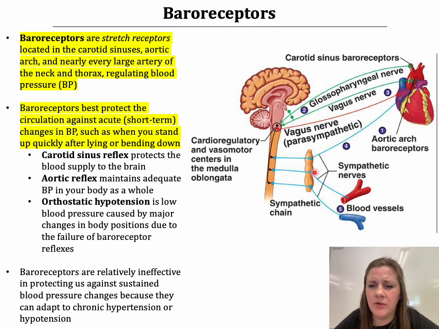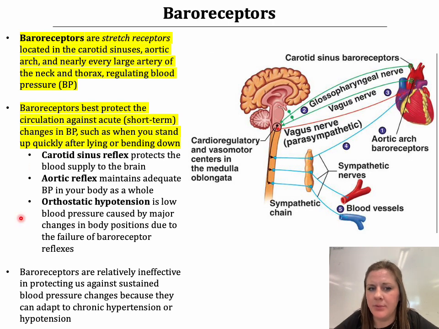So there's a neural reflex arc here that takes place: sensory in, medulla decides what to do, and then outgoing message to regulate that blood pressure. In particular, baroreceptors are stretch receptors. They're stimulated by the state of stretch within those vessels. So of course, if the blood pressure rises, that stretches the vessel, it stretches the receptor, and that's the sensory stimulus there, which is then transmitted to the brain.